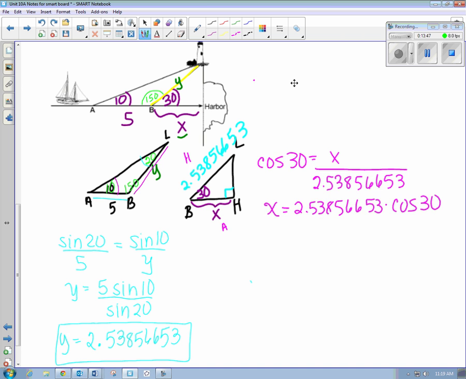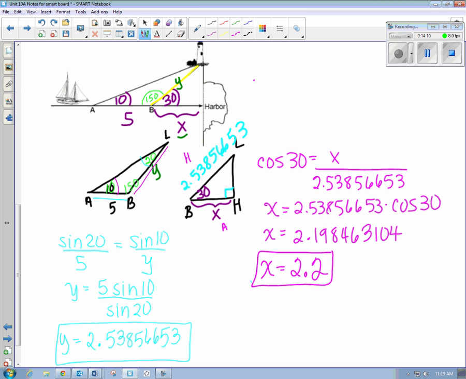It's probably already in your calculator, the big number, so just hit times cosine 30, and when you go through and do that, you end up with an answer for x that is 2.19, etc. Keep in mind we're at our final answer, and it does tell me to round to the nearest tenth, so the nearest tenth here is 2.2.